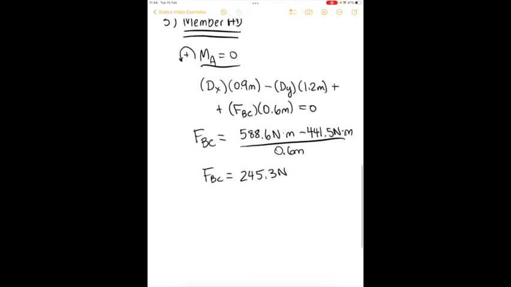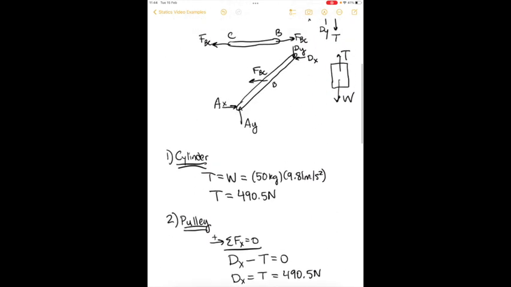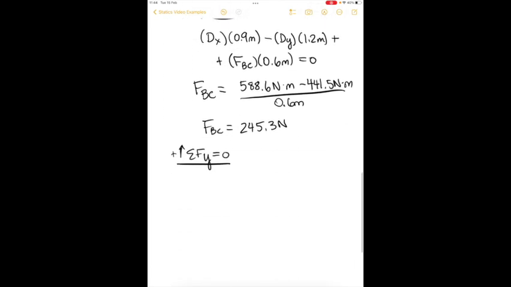And next we can take the sum of the forces in the y direction for member AD. And we see that there are two forces, dy and ay.